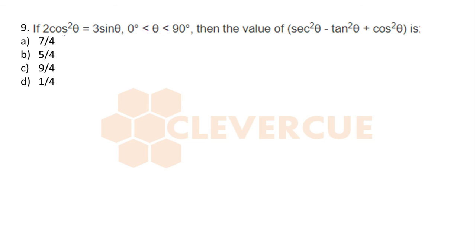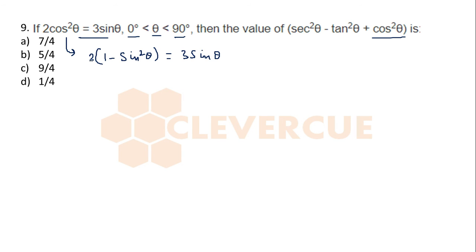Now if 2 cos square theta is equal to 3 sin theta, then the value of secant square theta minus tan square theta plus cos square theta is asked. And it is given that theta lies in between 0 degrees and 90 degrees. Now let us see. Here substitute 1 minus sin square theta for cos square theta. So you will be getting 2 into 1 minus sin square theta is equal to 3 sin theta.